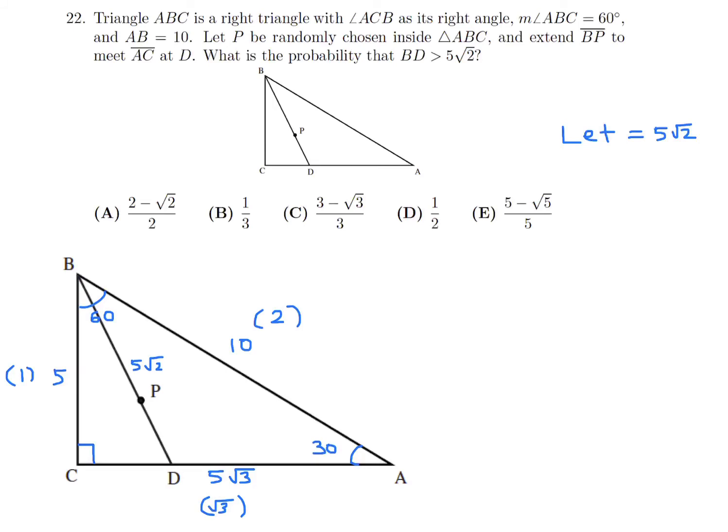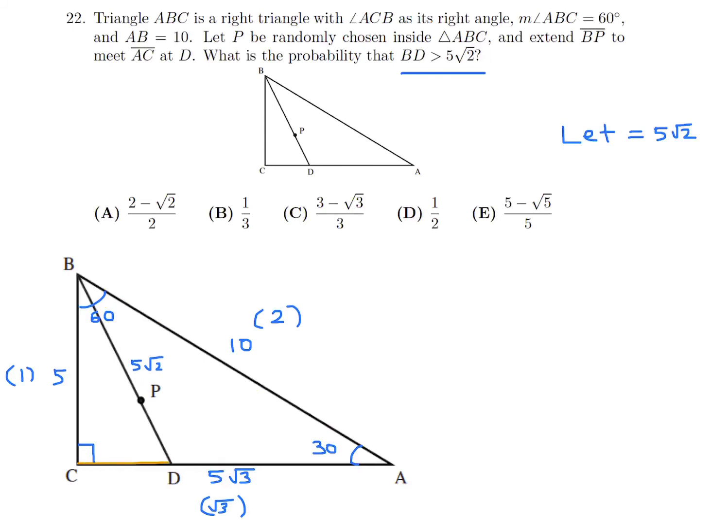They want you to make it greater than. So that means BD would be in this part of that triangle. So essentially we calculate the area of this region, then divide by the area of the total triangle ABC, and that will give you the probability. That shouldn't be too bad.